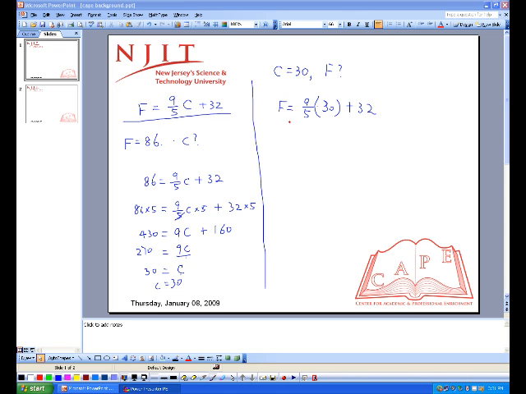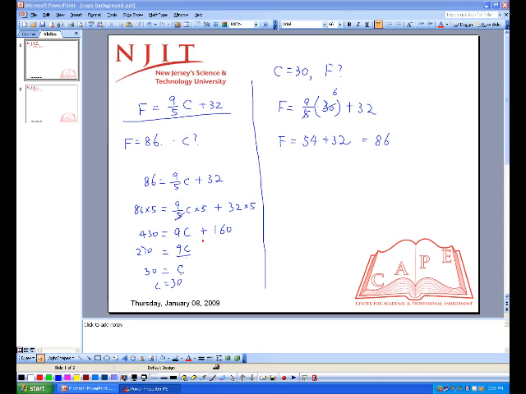Now this seems like an easier one. 9 over 5 times 30: 5 and 30 can be factored, and that gives you a 6. So 9 times 6, what's 9 times 6? 54, plus 32. This simply gives us 86, which is the same as before.